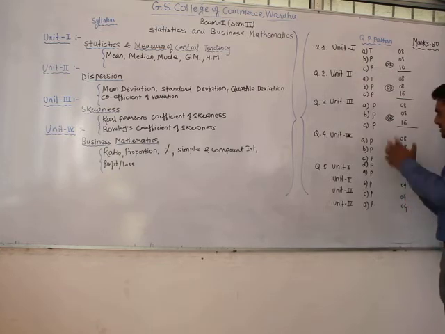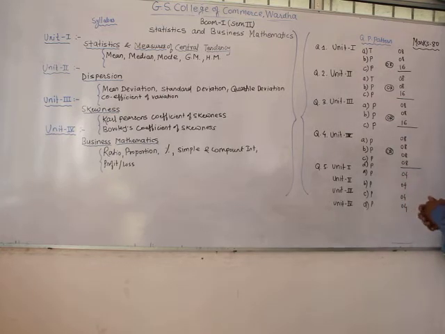Question number 4, the same pattern gets repeated. First two questions of 8 marks, or you have the choice of answering one question. No, sorry, here there is a change. I'm correcting myself: A, B or C, D, 8 or 8.